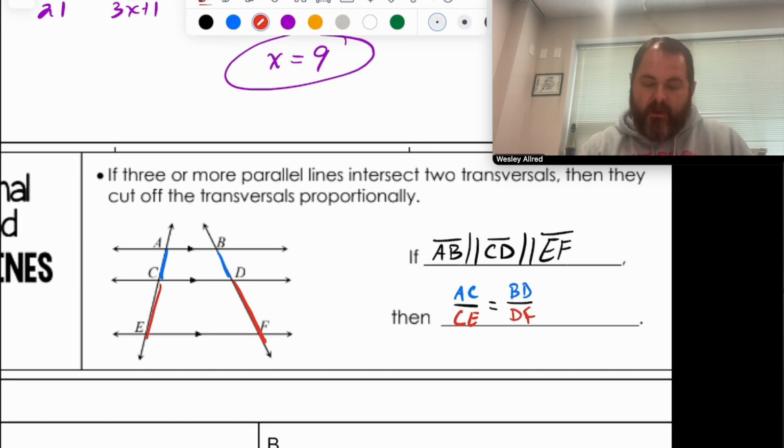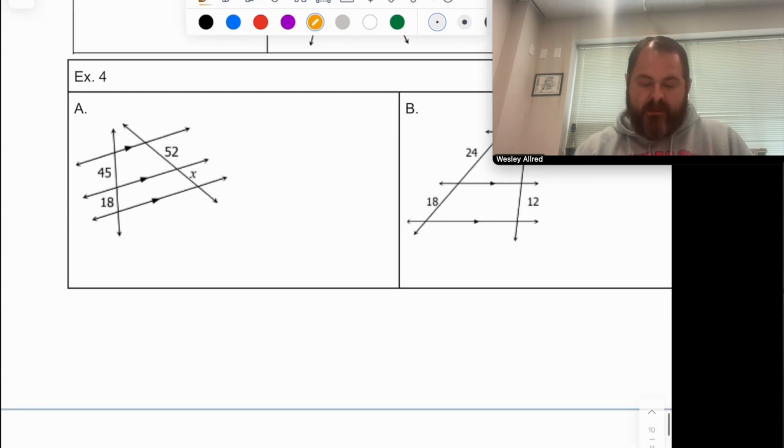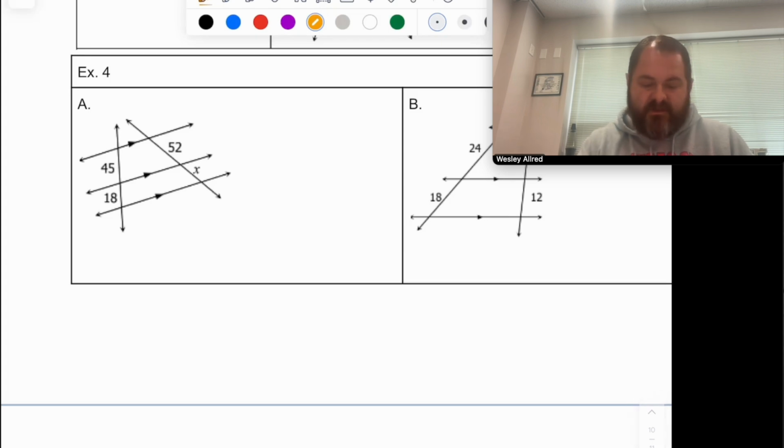Okay? Another way we could say this, if, like, say I called that X, that Y, that Z, and that W, I could just as easily say X over Z equals Y over W. Okay? So we can use that to set up and solve proportions this way.